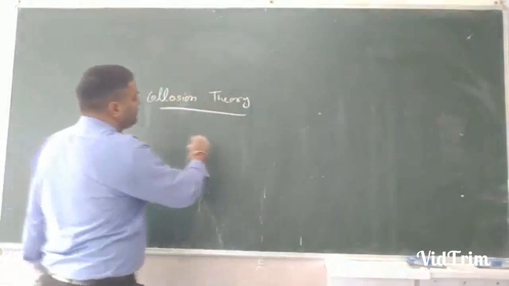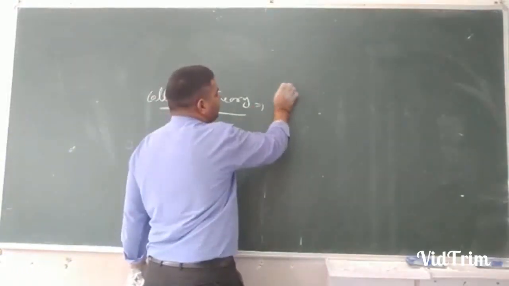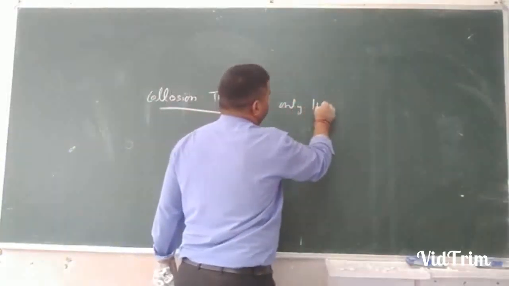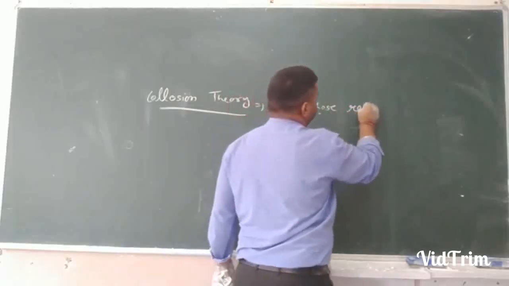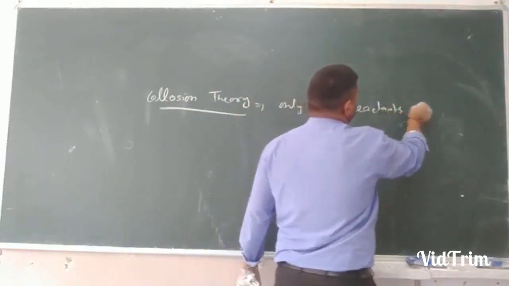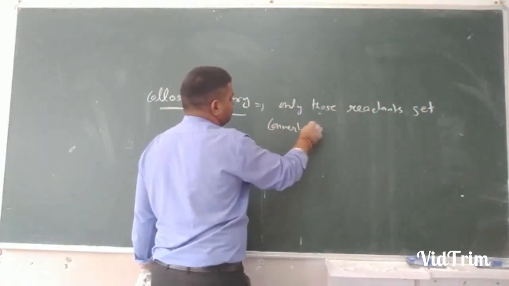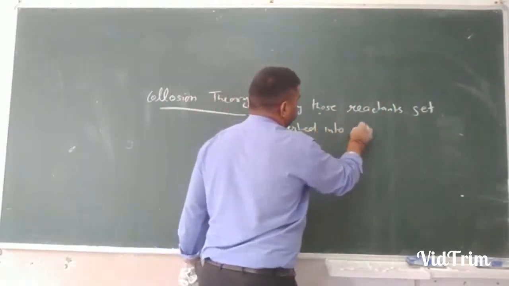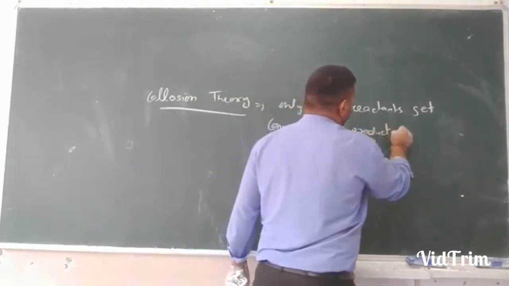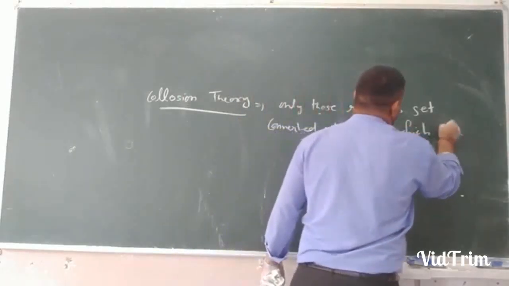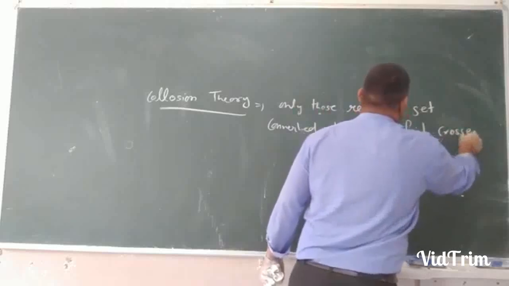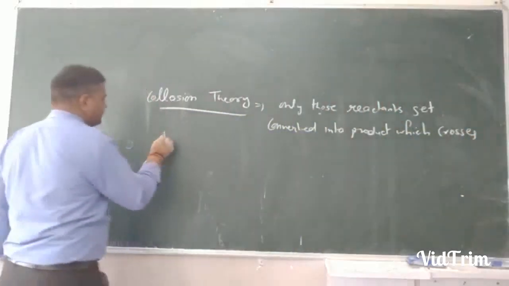So collision theory says only those reactants get converted into products which cross two types of barriers.